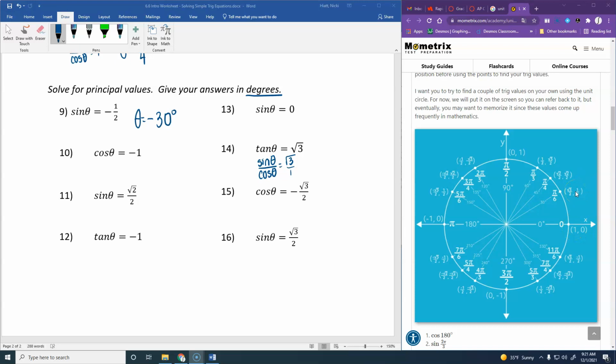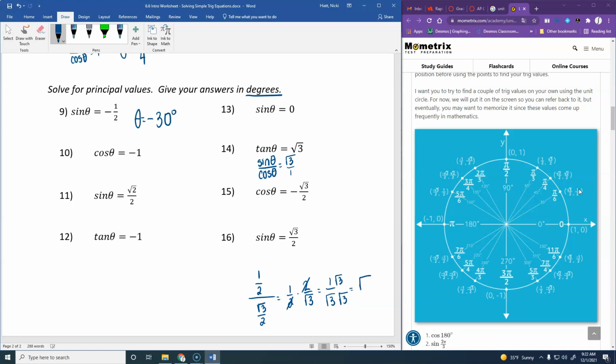At pi over 6, I would have 1/2 divided by square root of 3 over 2. And dividing fractions is easy as pie. We're going to flip the second and multiply. The 2's right here can cancel, so we'll get 1 over square root of 3. If we rationalize that, we can multiply the top and bottom by square root of 3.